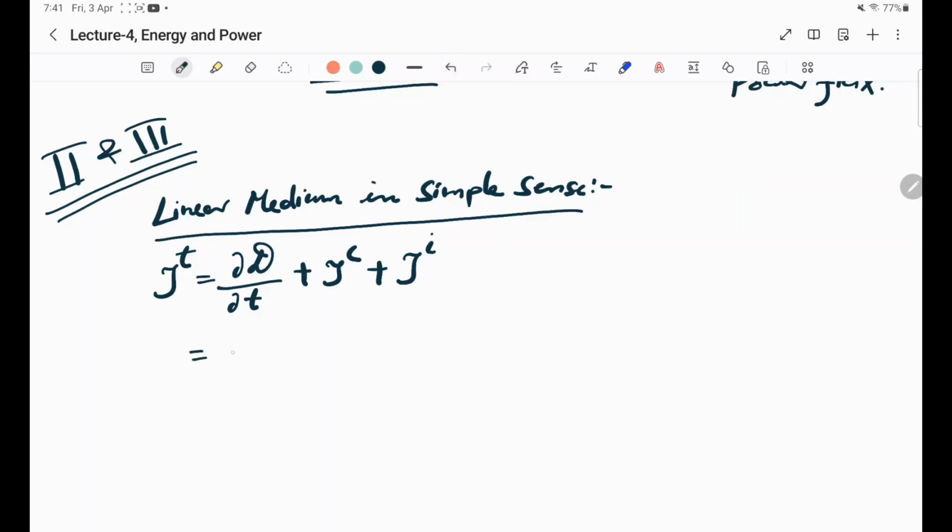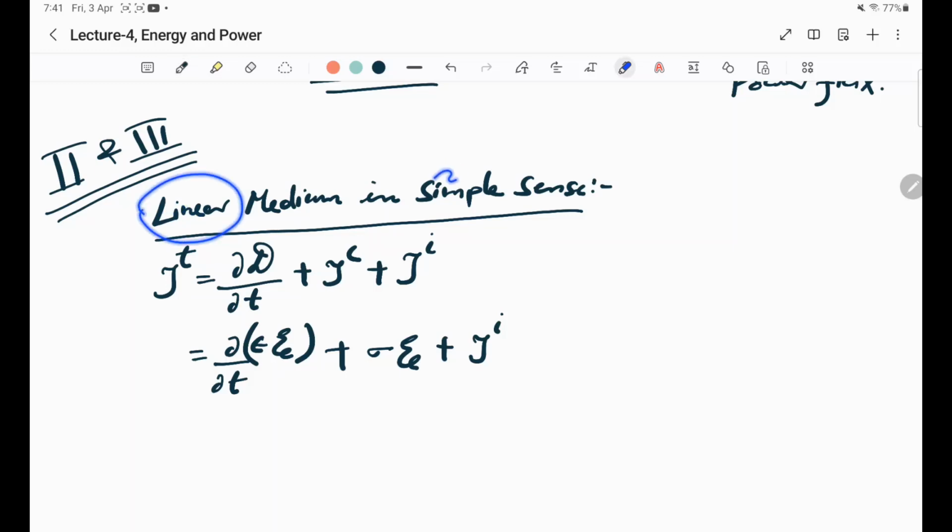This can be further written as del by del T of epsilon E, where we replace D with epsilon E, plus sigma E, where we replace Jc with sigma E, and Ji remains as it is. Since we are dealing with a medium which is linear in the simple sense, we can substitute D with epsilon E and Jc with sigma E.